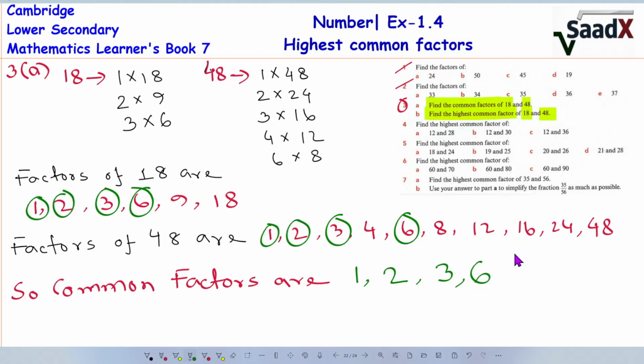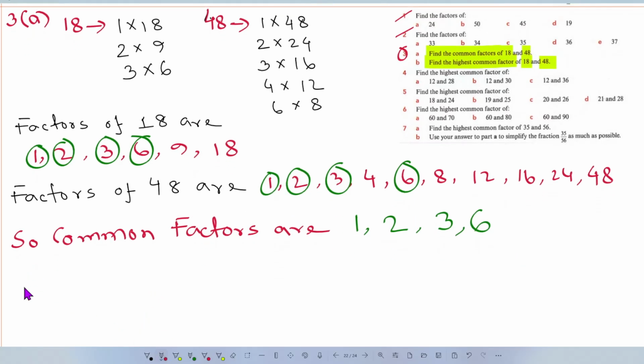Okay. Now next, 3b. Find out the highest common factor or HCF of 18 and 48.